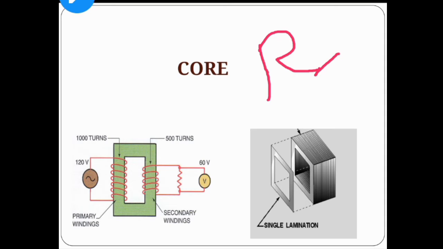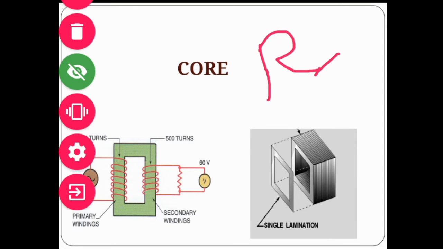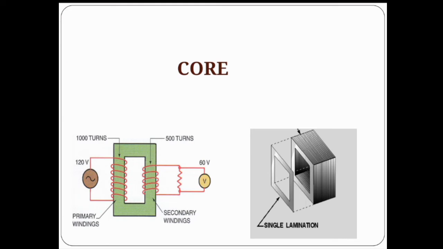So silicon steel has a low reluctance value. This is one of the advantages of using silicon steel: first, it has high permeability, and second, it has low reluctance.